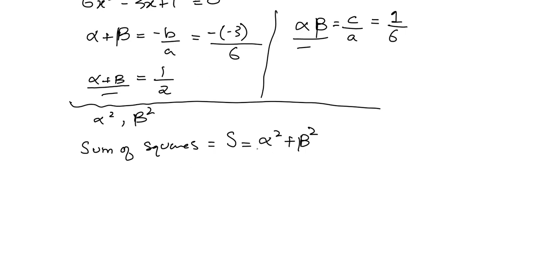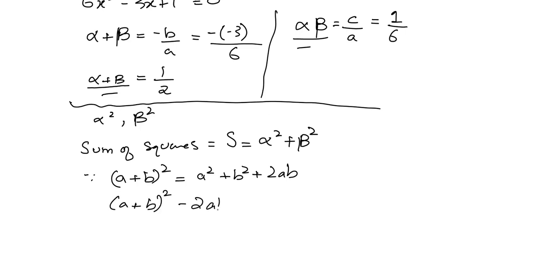Now from here we know a nice looking formula, a plus b whole squared equals a squared plus b squared plus 2ab, and if we subtract 2ab from both sides, we get a plus b whole squared minus 2ab equals a squared plus b squared.